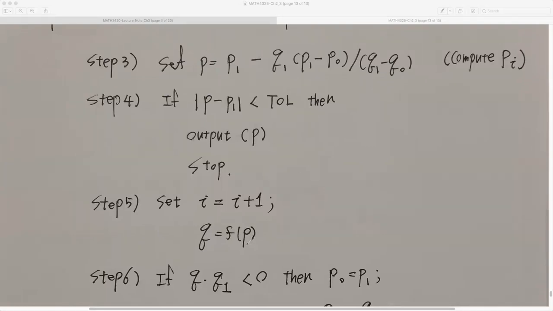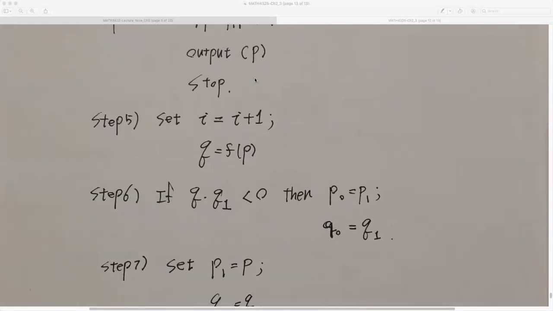And then Q equals f of P2. So now Q means f of P2. Then f(P2) minus Q1, where Q1 is f of P1, is less than 0. That's good. Then we can use the intermediate value theorem to find P3, right?